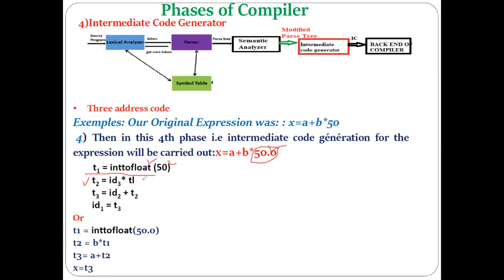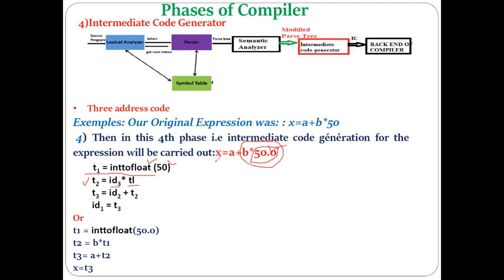Now the second preference will be given to this sub expression, b into 50. In the lexical analyzer we saw that b is given the identifier number 3. So that is the reason T2 equal to ID3. ID3 is b. ID3 into T1. T1 is nothing but the 50.0.